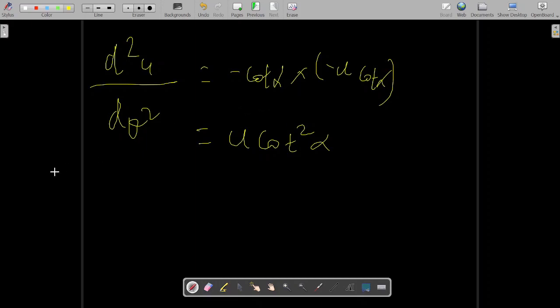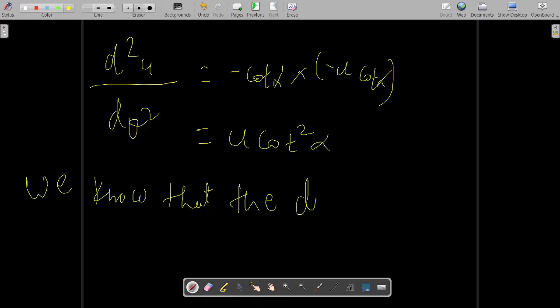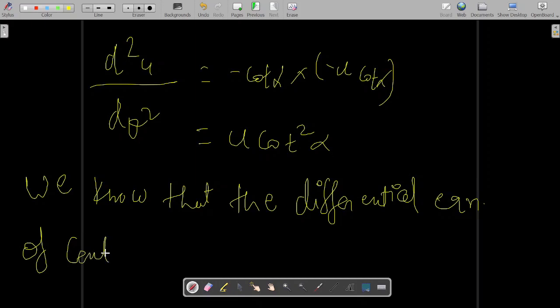Now we know that the differential equation of central orbit is what?